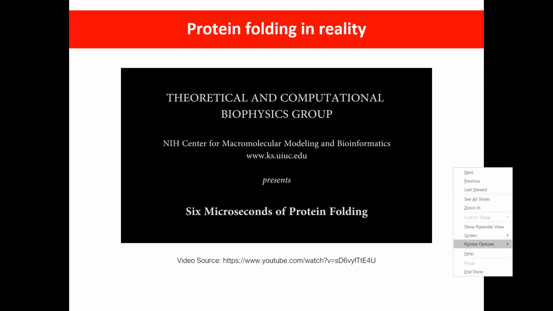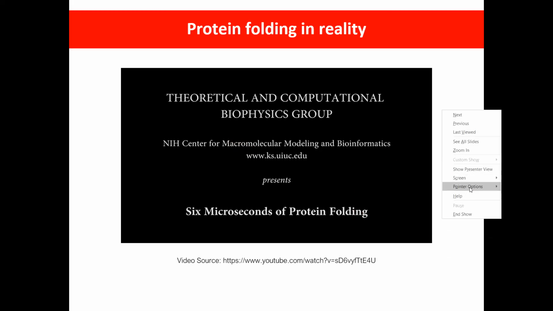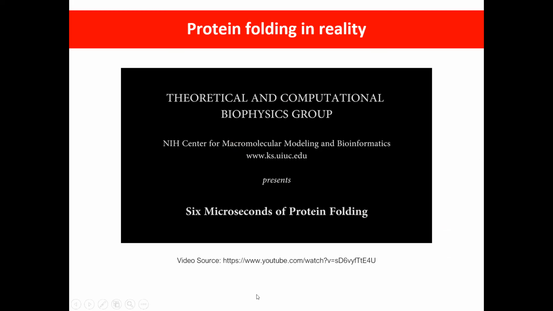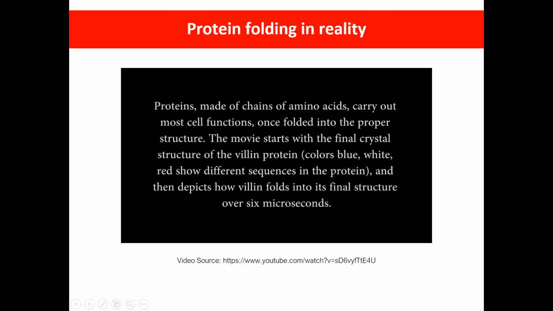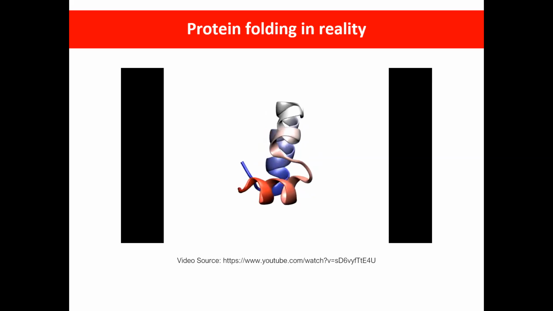Initially we'll see that the protein is in the unfolded state and then it will start to fold. This is the completely folded structure, and how this folded structure is obtained is shown to you.